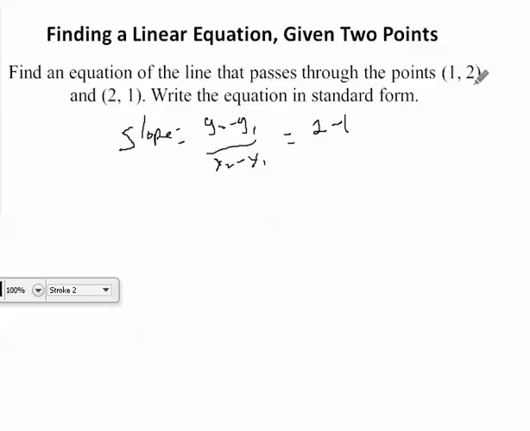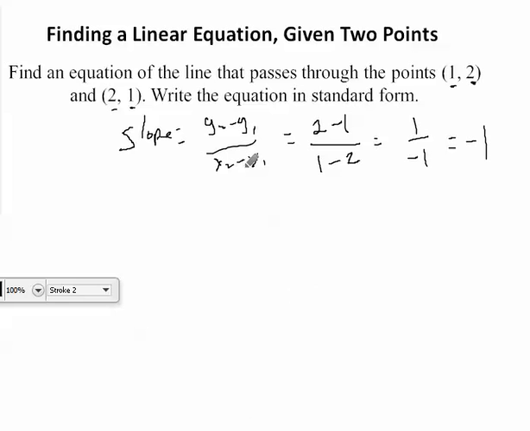Where did I get the 2? 2 came from right there. 1 came from right there. 2 minus 1 divided by 1 minus 2. Well, this turns out to be a 1 over negative 1. Well, 1 divided by 1 is 1, so this must have a slope of negative 1.